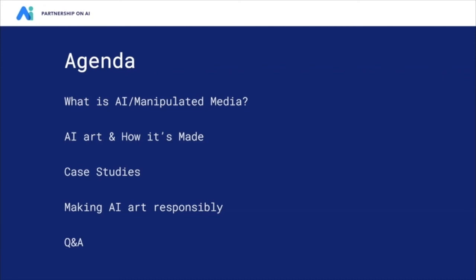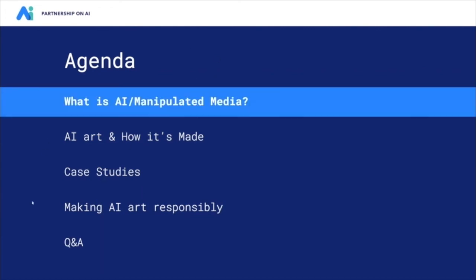We'll then pivot into examples of AI art, some tricky use cases where there have been ethical challenges or questions that those use cases provoke. And then we'll offer some practical tips for making AI art responsibly. And of course, some time for Q&A.